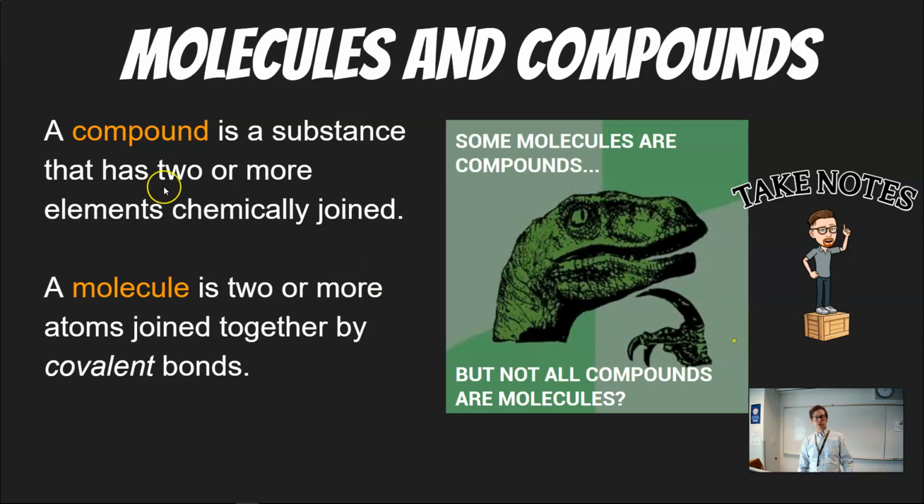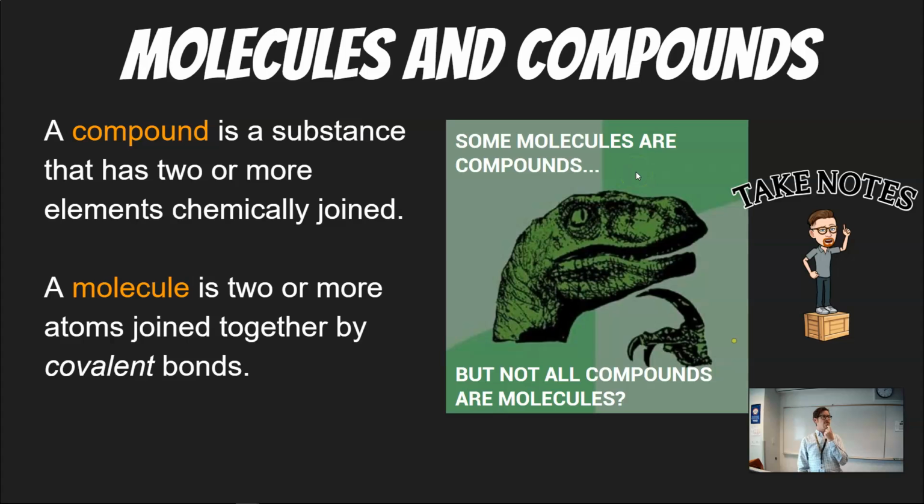If you have two or more different atoms chemically joined, you have a compound. But if they are joined using covalent bonds specifically, you have what we call a molecule. So a compound is two or more different elements. Let's say salt is sodium and chlorine coming together. That's a compound. But a molecule is when any two or more atoms are joined by specifically covalent bonds.